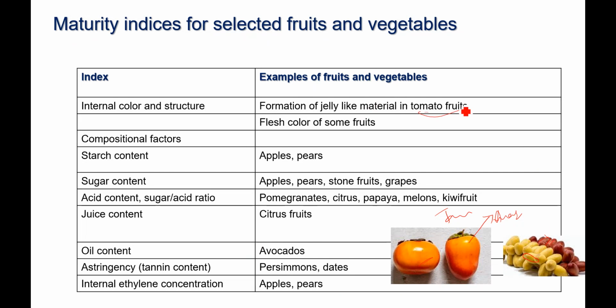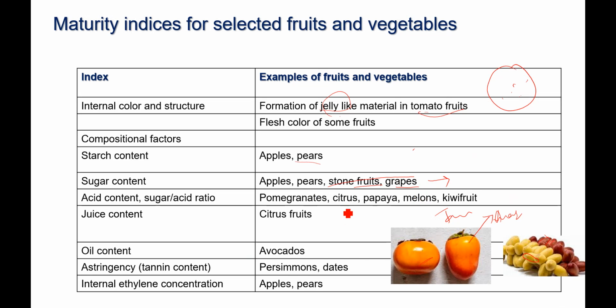As I said, in case of tomato, a jelly-like material is formed in the center of the tomato. Flesh color of some fruits changes. In apples and pears, the starch content varies from the immature stage to the mature stage. The starch gets converted into sugar, so sugar content increases. In case of stone fruit and grapes, initially the grapes are sour, but later on they become sweeter.